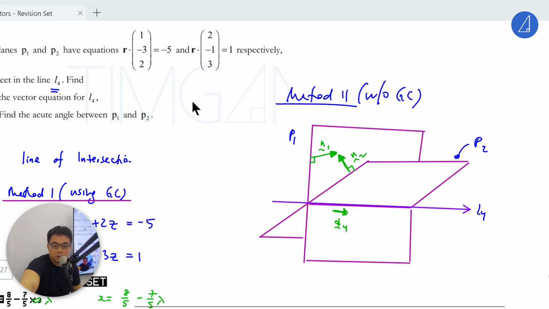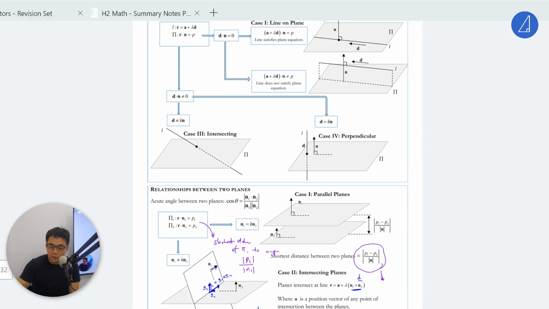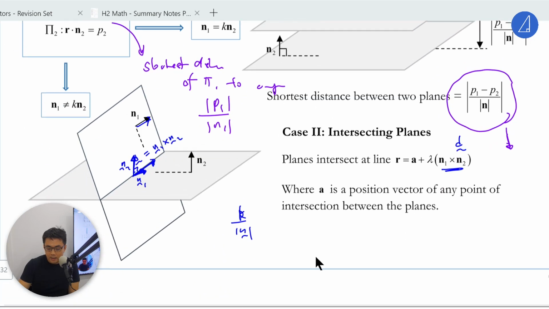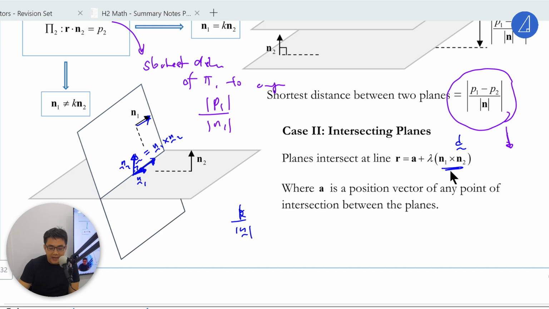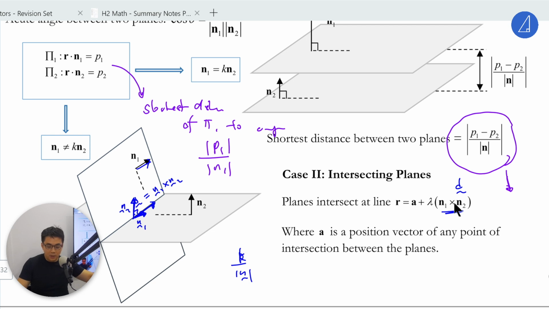The direction is in the summary notes. Under the vectors, the last page: the direction of the intersecting line is N1 cross N2. But more so, visualize it and understand it before you memorize it.